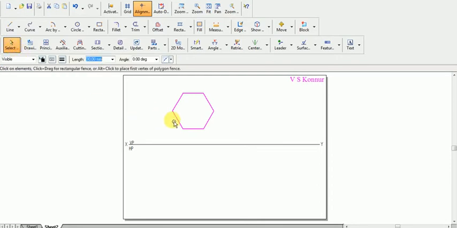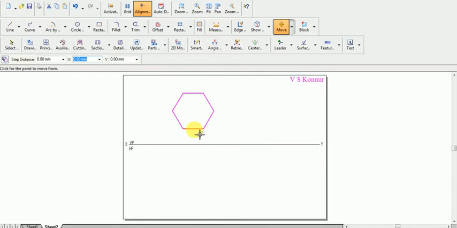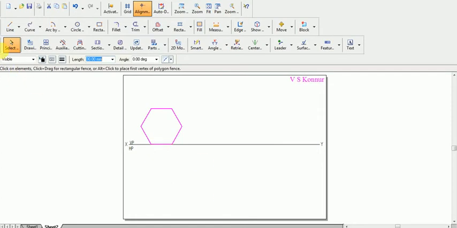Now, as per the question, one of its edges is touching HP and a corner in VP. To move, place this on the XY line.